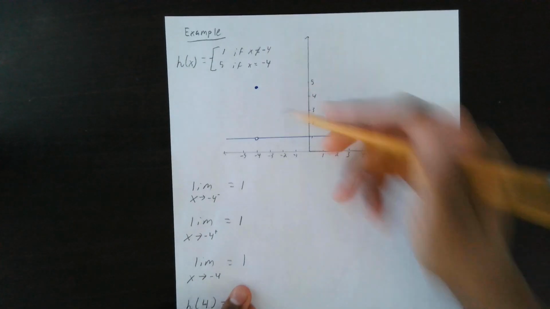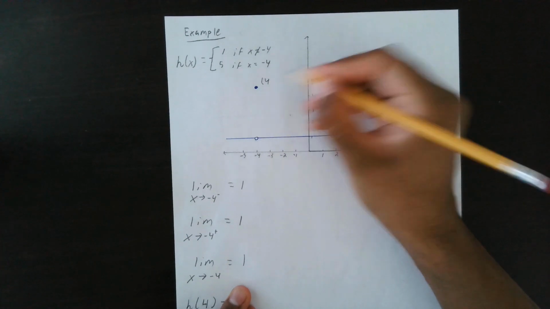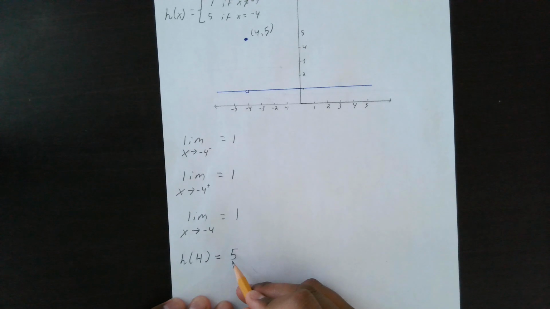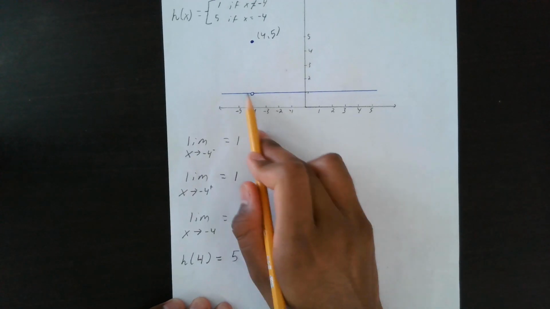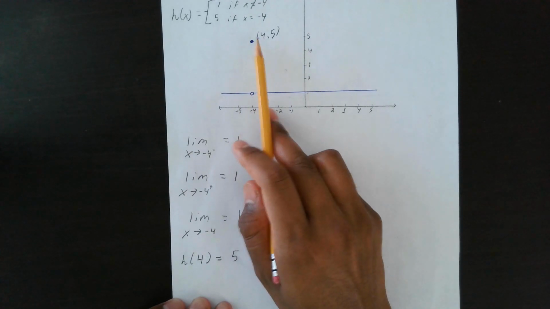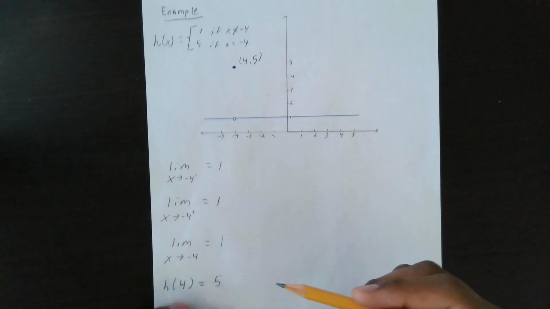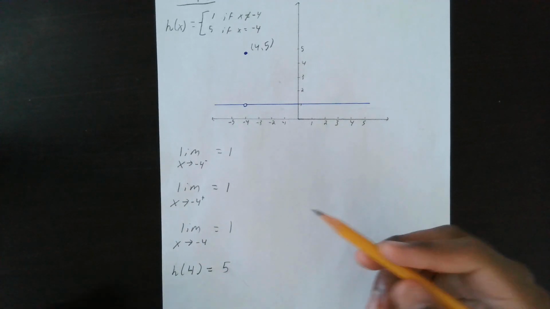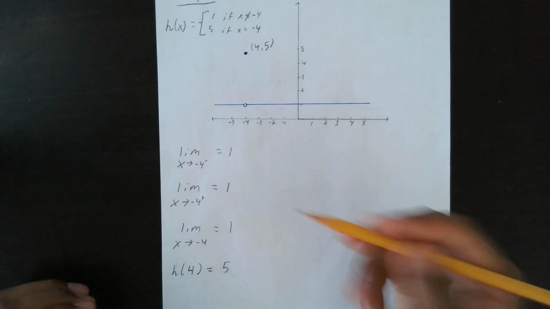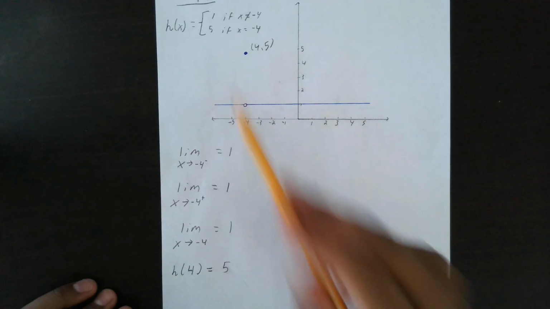It's the point (-4, 5). So here's our answer. We have the limit from both sides and we also have the point. It's there too. But the value of the limit is not necessarily equal to the value of the point.